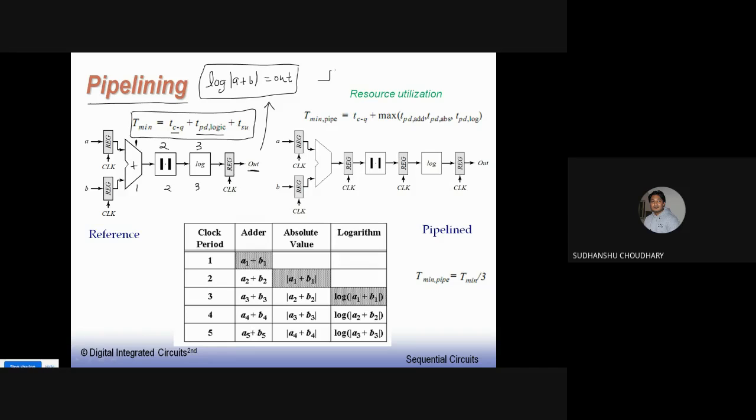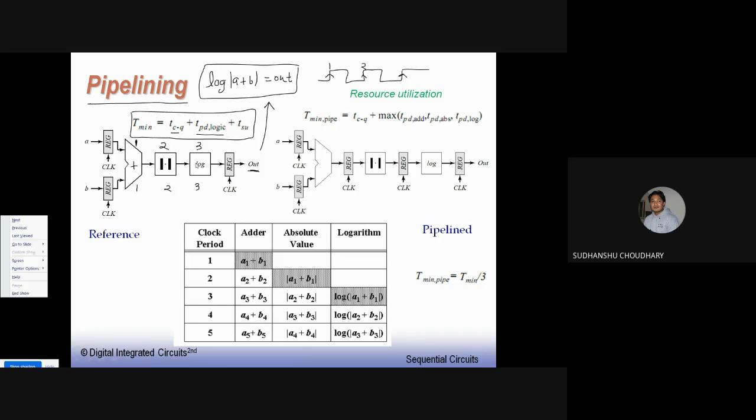This is my clock here, for example, a positive edge triggered system. Whenever the clock makes a transition from low to high, this is called the positive edge. So at the first positive edge this operation will be performed, then on the second positive edge modulus will be performed, then on the third positive edge the logarithmic will be performed.